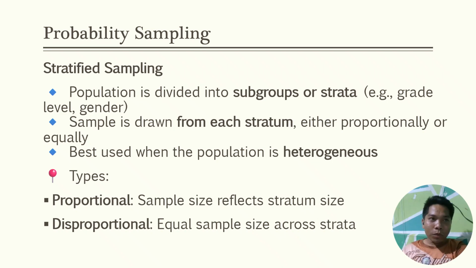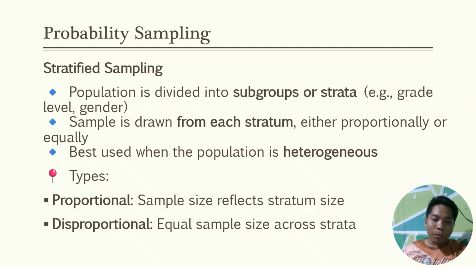When you get 20 respondents from that 100, you need to consider getting 40% from the male and 60% from the female. Since only 40 out of 100 are males, then from 20, you can randomly select 8 males and 12 females to be your participants. So that's proportional sampling.